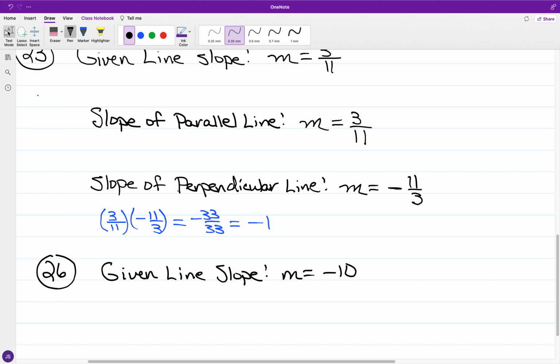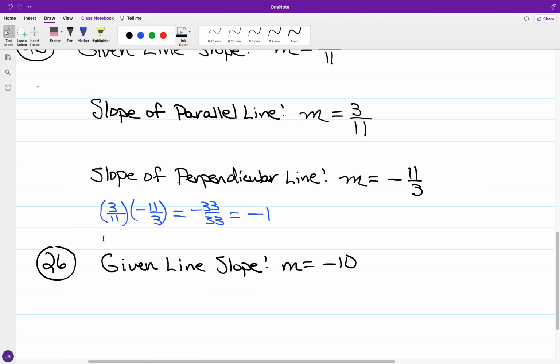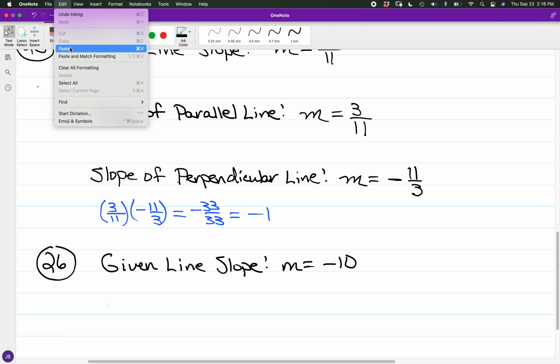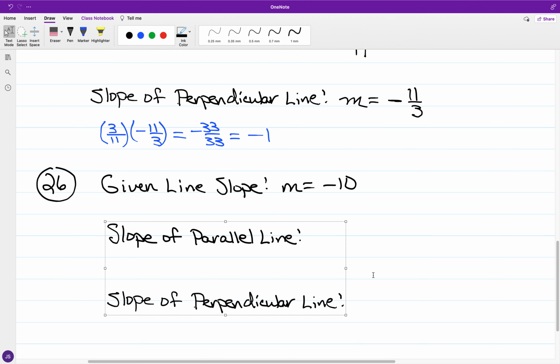And once again, we're looking for the slope of the parallel line as well as the perpendicular. So for the slope of the parallel line, if the given line has a slope of negative 10, the parallel line is going to have the same slope. So we have the slope at negative 10 also.